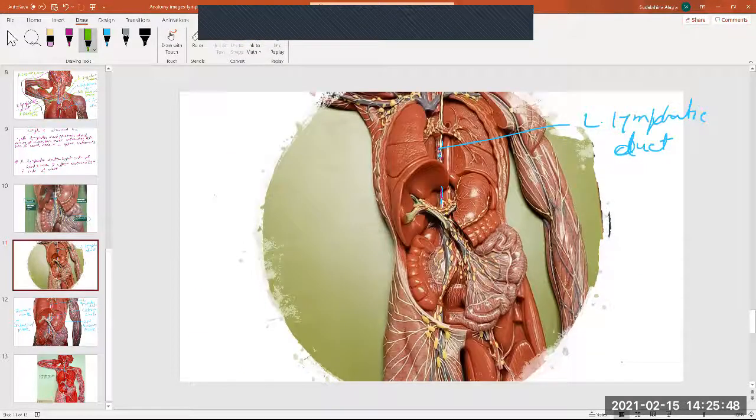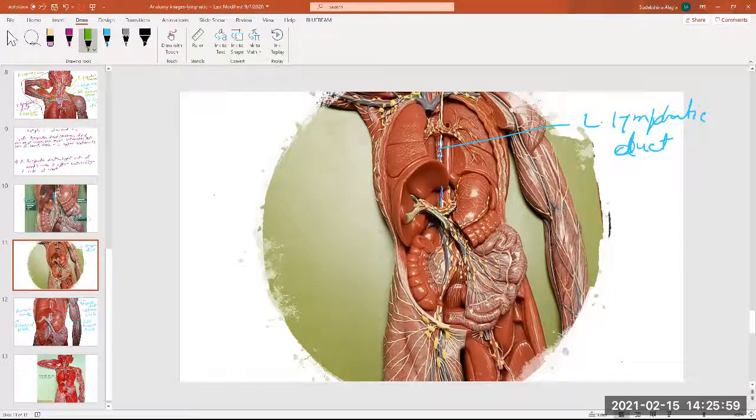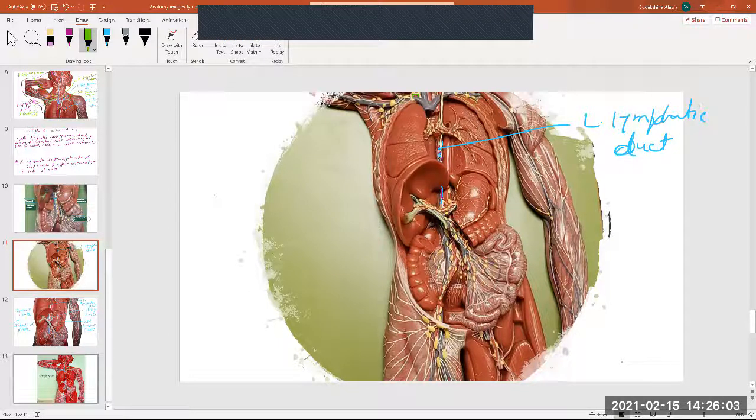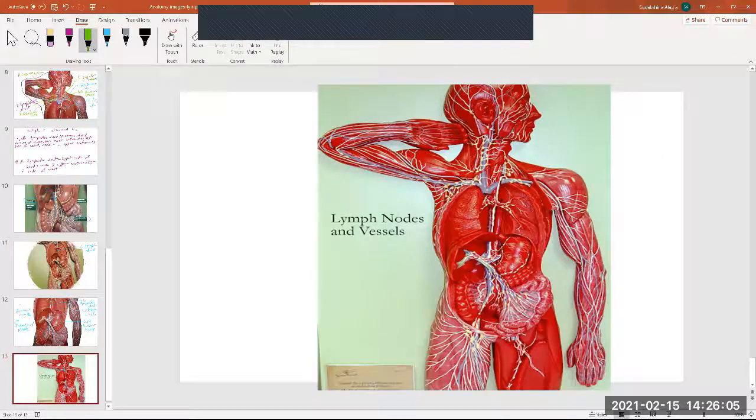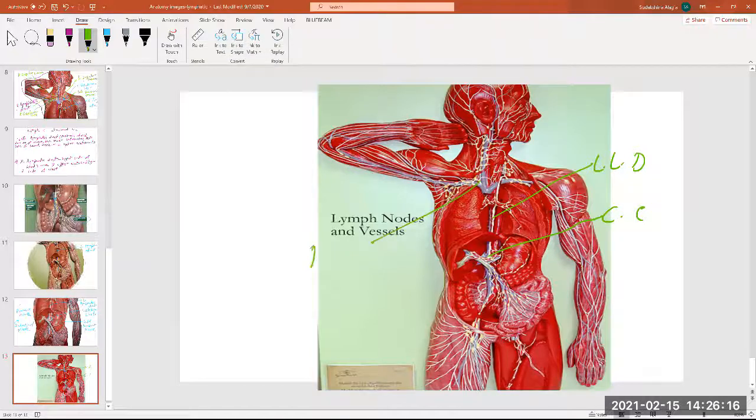So when you look at here, you can see the right lymphatic duct. You can see the left lymphatic duct as well, but not the other trunks. Here, same thing. You can see the left lymphatic duct. You can see the cisterna chyli. You can see the right lymphatic duct.